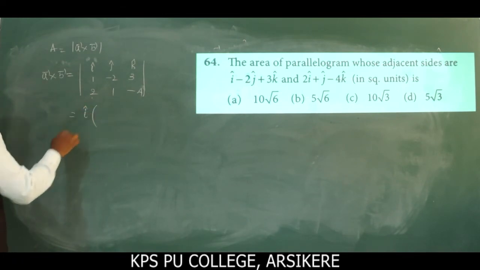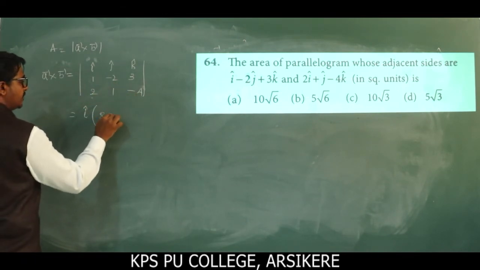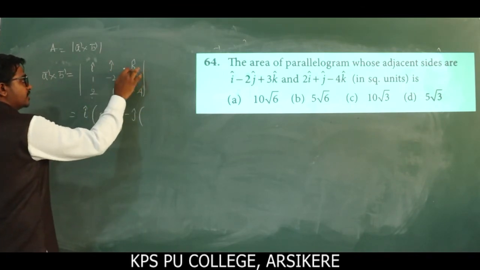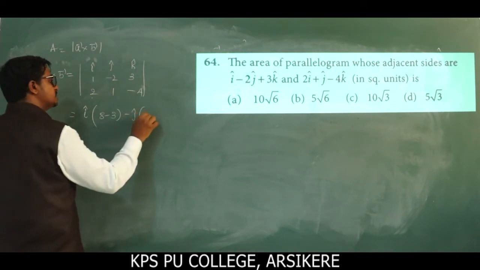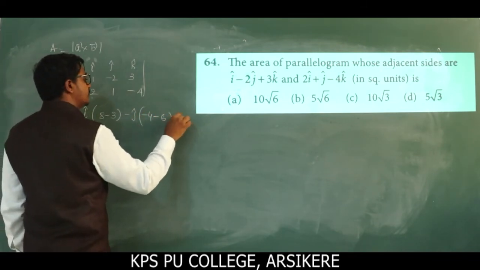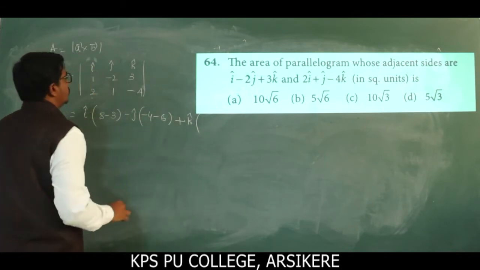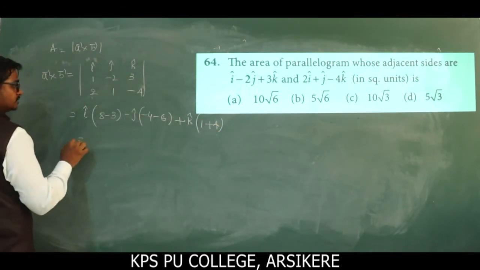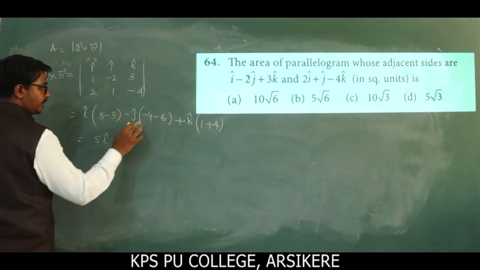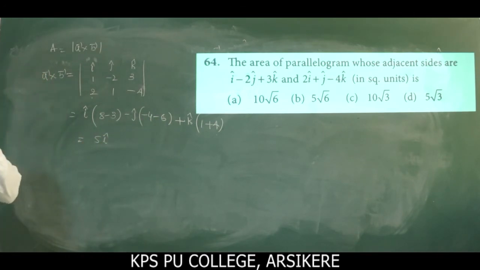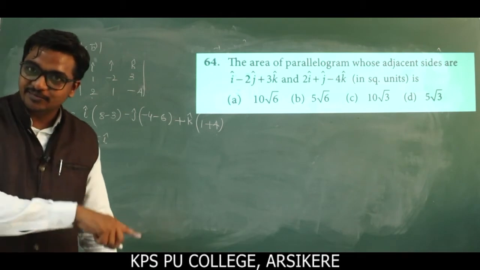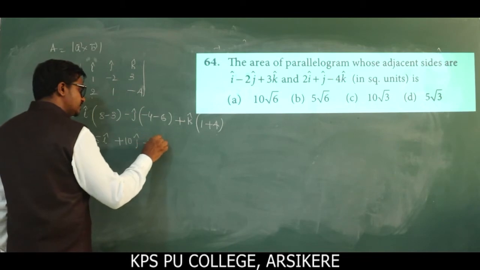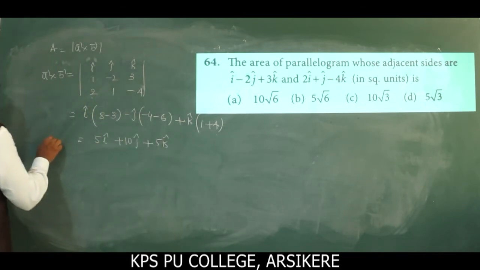I cap into minus into minus is plus 8 minus 3, minus j cap, neglecting the corresponding row and column, minus 4 minus 6, plus k cap into 1 minus into minus is plus 4. This becomes 5 into I cap, minus into minus, minus 4 minus 6 is minus 10, minus into minus is plus, this is plus 10 into j cap, plus 5 into k cap. This is A cross B.